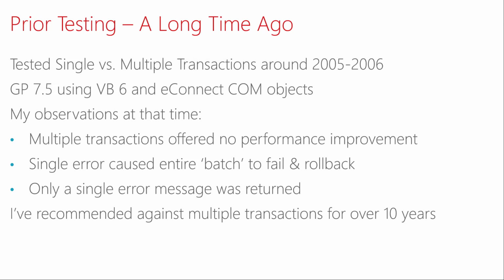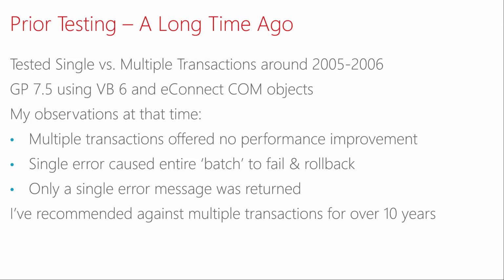Additionally, I found that if you submit multiple transactions, a single error among any of those transactions will cause the entire batch to fail and roll back. So if you submit 100 transactions and you have one error, all 100 roll back, none are committed, and you get the error message back and have to start all over again.